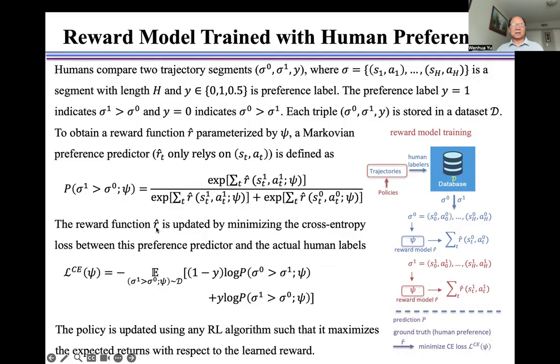The reward function R-hat is updated by minimizing the cross-entropy loss between the preference predictor and the actual human labels, as shown here. And in this figure, we use various policies to generate trajectories, and then human labelers generate this set of comparisons.